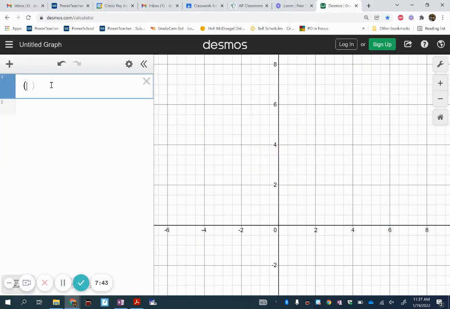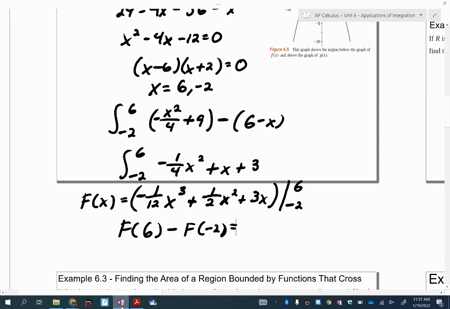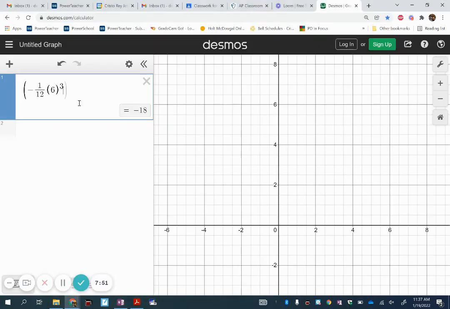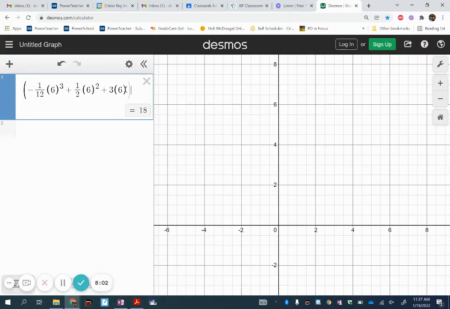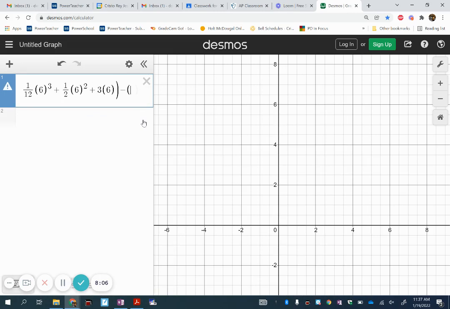So first I have negative 1/12 times 6 to the third power plus 1/2 times 6 to the second power plus 3 times 6, I believe. Let me confirm. Yes. Okay, so all of that, and then minus, do the same thing but with negative 2.